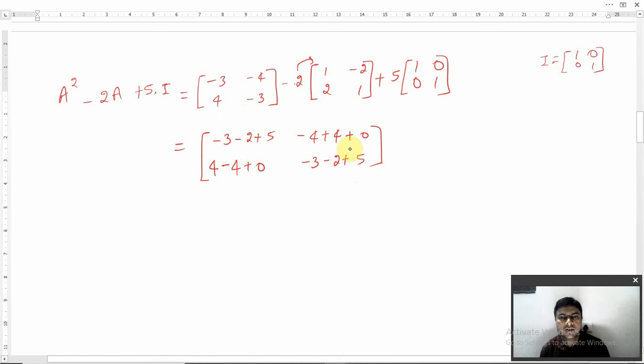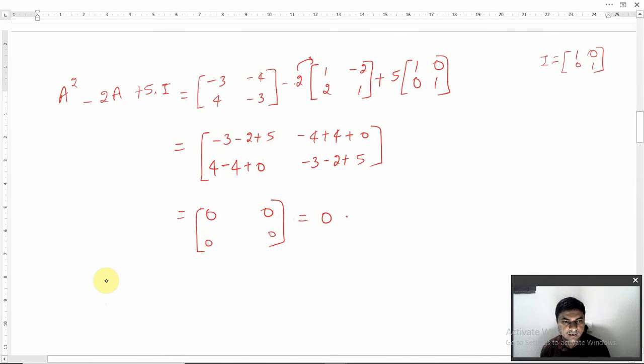First row, first column, first row, second column, second row, first column, and second row, second column. All the values, if you just see, all are minus 3 plus 2 plus 1. They are all 0, 0, this is 0, this is 0, this is 0. So therefore, we say this element is 0.